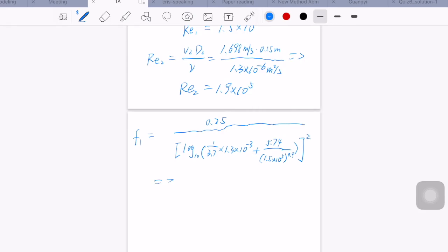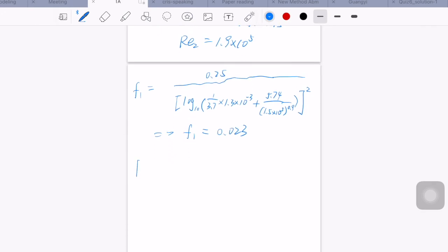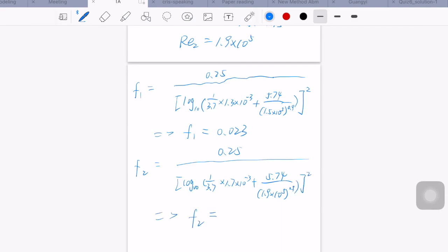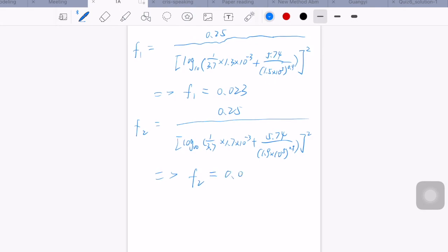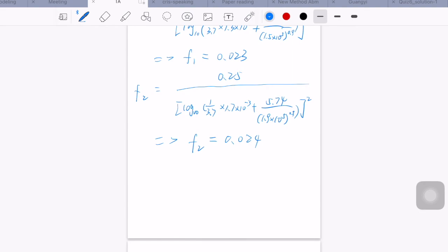So we can find that F1 is 0.023, and F2 is 0.25 divided by the log of 1 over 3.7 times 1.7 times 10 to the power of -3 plus 5.74 divided by 1.9 times 10 to the power of 5 to the power of 0.9, squared. So we determine that F2 is 0.024.